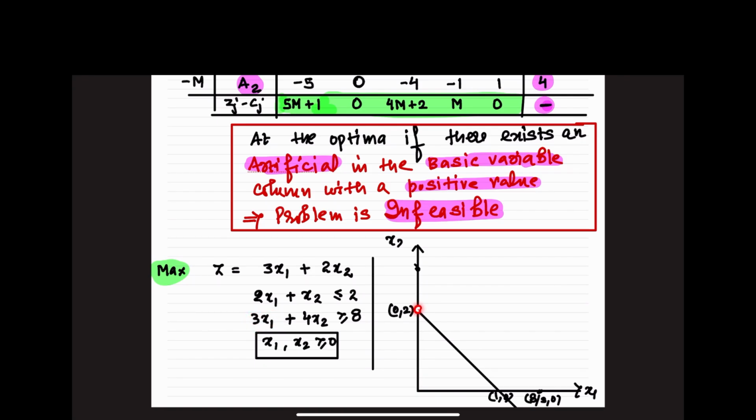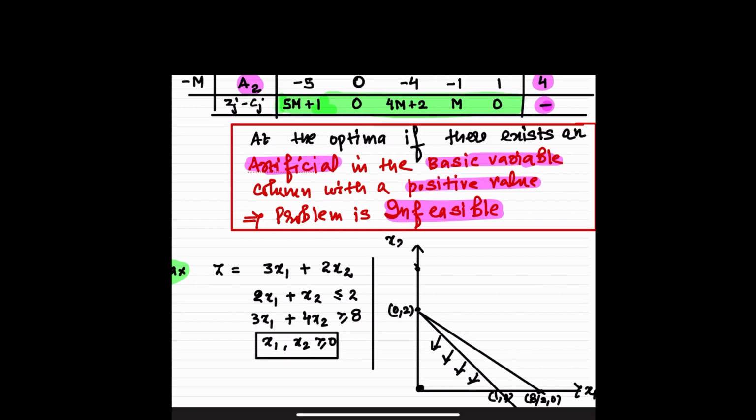So this point is again coming. So the line actually passes through it. So there is a common point now. This point is now common because this is the point where these two constraints actually meet. This one says stay here, this one says stay here. But at this point, at least they do meet. And what is that point? That point is 0, 2. There is only a single point.